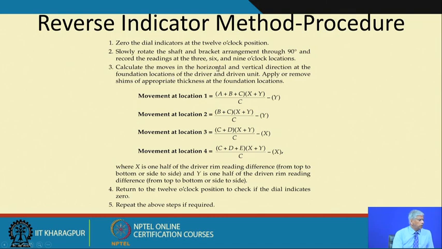Calculate the movements in the horizontal and vertical directions at the foundation locations of the driver and driven unit. Apply or remove shims of appropriate thickness at the foundation locations.